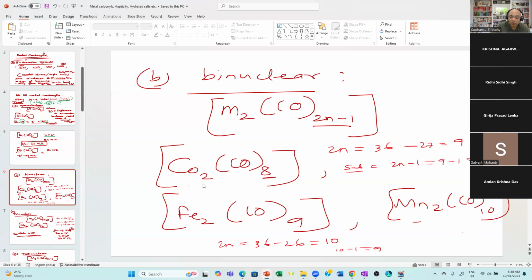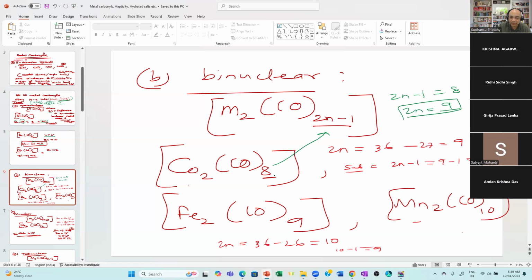Cobalt, if there are two cobalt atoms, will take 8 carbon monoxide. Why? Because if we equate 2n minus 1 to 8, and start by finding the value of n, then 2n is equal to how much? 9.